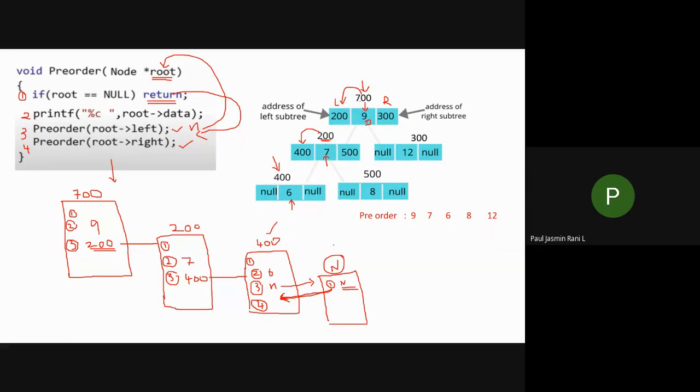At present my root value is null, so I am returning back to that one. When I'm returning back, what will be my root value? Anyone?